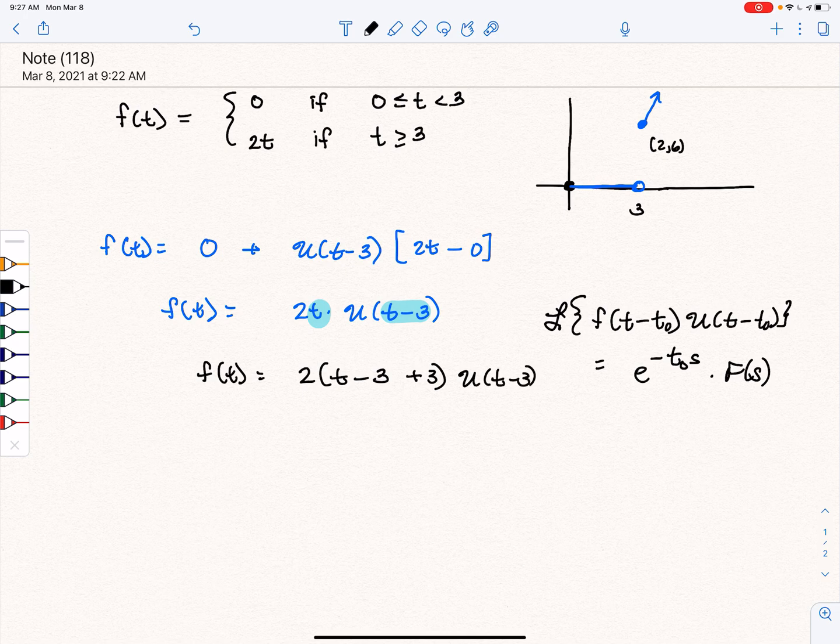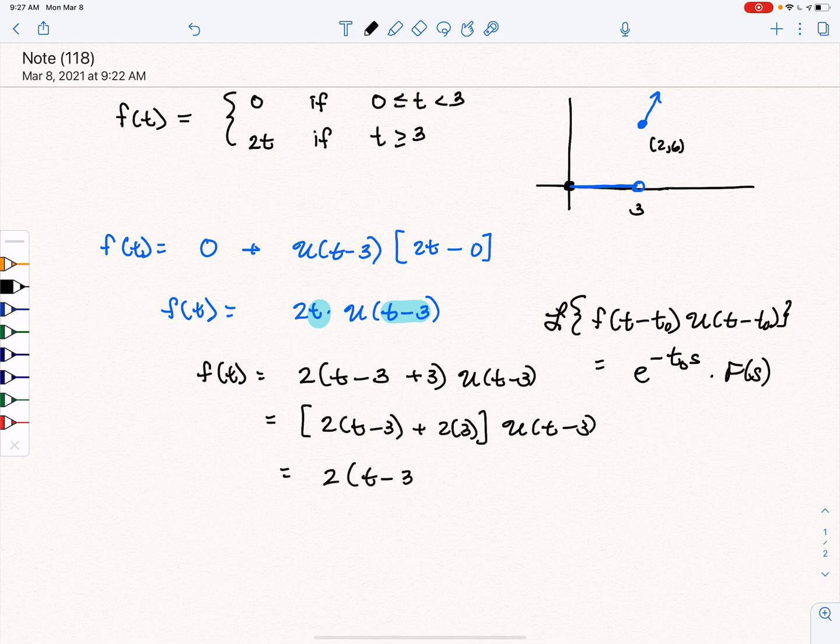And then I'm going to do some selective distributing, which is basically saying that this is 2 times t minus 3 plus 2 times 3, times the unit step t minus 3, which is now 2 times t minus 3 unit step t minus 3 plus 6 unit step t minus 3.